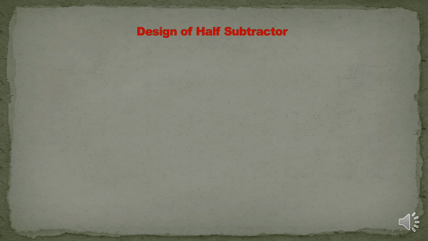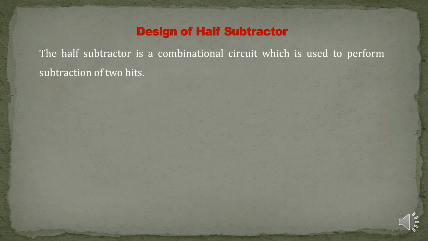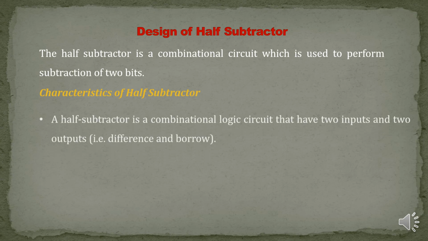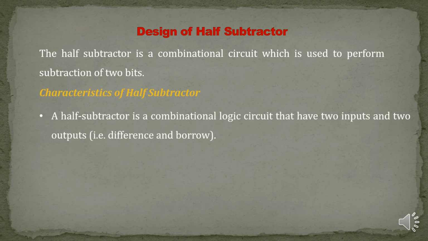Design of half subtractor. The half subtractor is a combinational circuit which is used to perform subtraction of two bits. Characteristics of half subtractor. A half subtractor is a combinational logic circuit that has two inputs and two outputs. Those are difference and borrow.